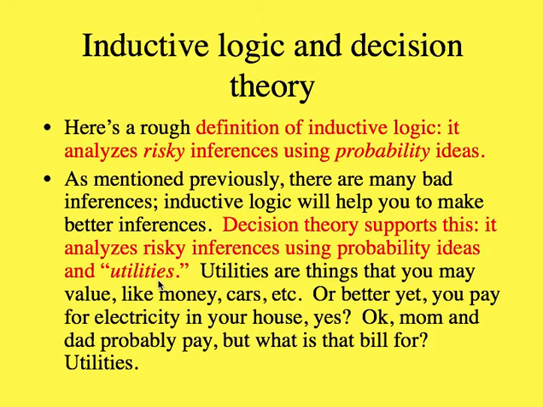Basic utilities, when you pay the bills, cover electricity, sewage, stuff like that. More generally, it's things that you value: money, cars. And more generally still, we'll talk about that later in the course. But basically, think of it as assigning probabilities to things that you value. We're going to measure these things in the future and that will give us a way to analyze risky inferences.